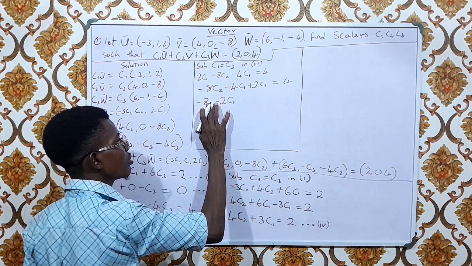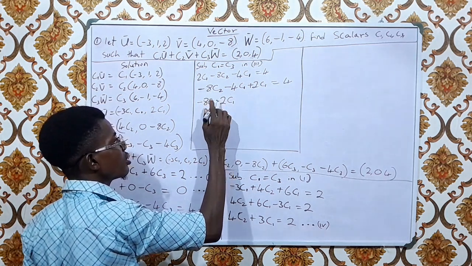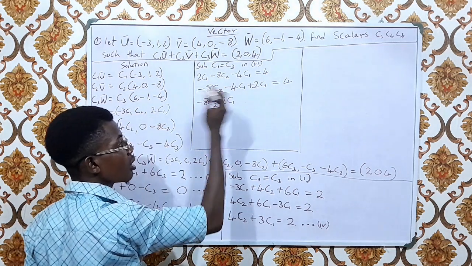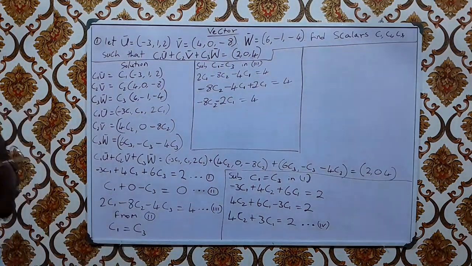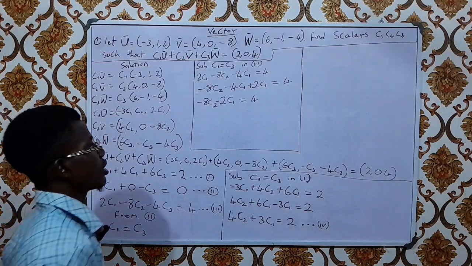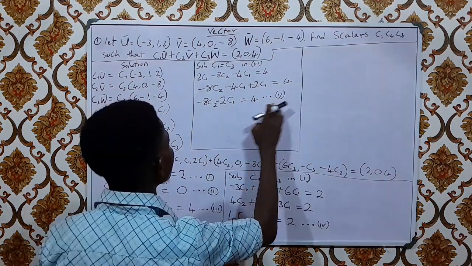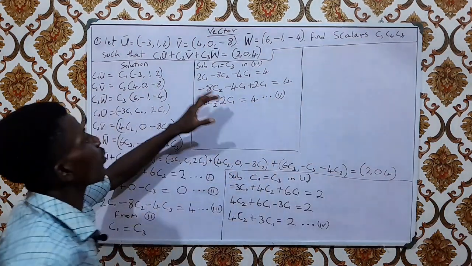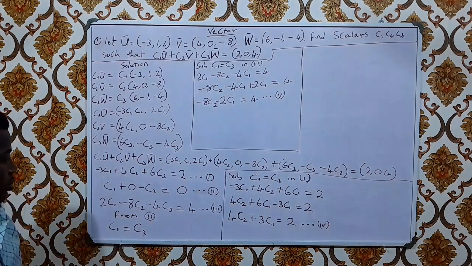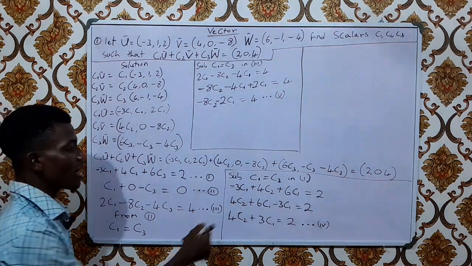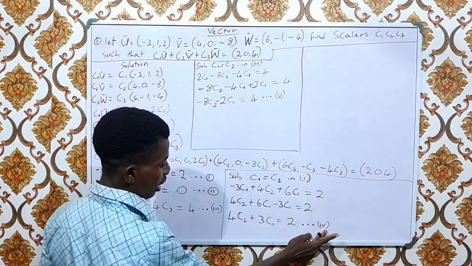Remember, this is C2, C1 equals to 4. Now let's call this equation 6. We have this. Now, watch from here. We have 3 equations before, but we have managed to get 2 equations, V and IV.